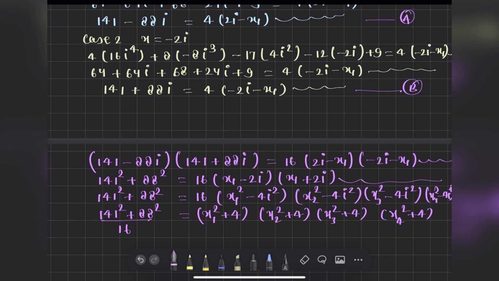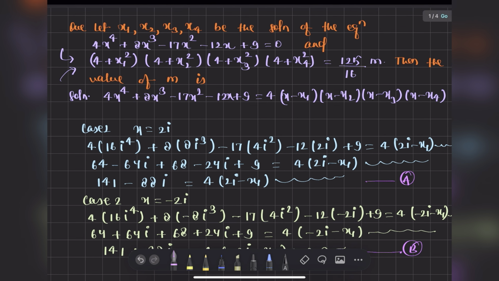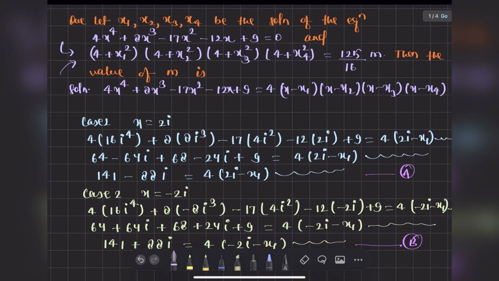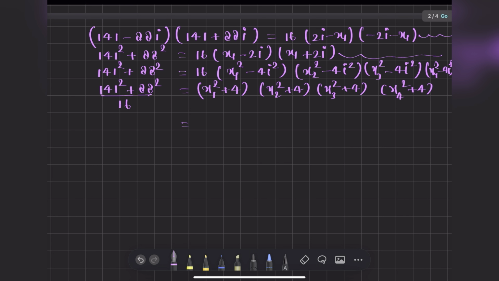Yes, this is the thing which we wanted. Okay, and they are saying that it is equal to 125 m by 16. So 141 square plus 88 square equals 125 m. Okay, 16, so this thing is gone.